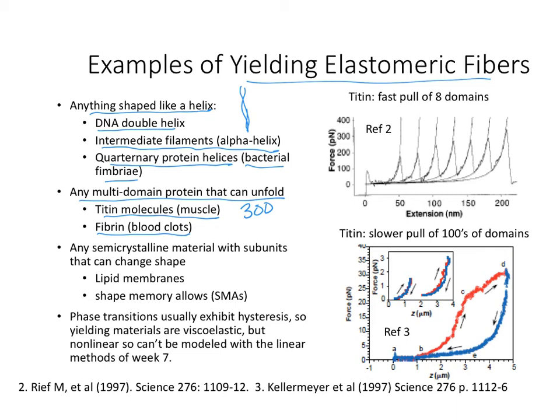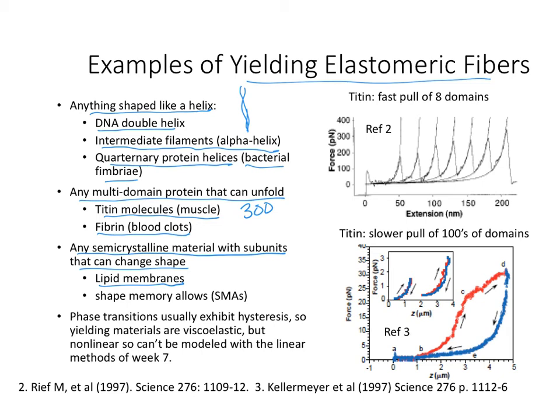Finally, we won't talk about this as much in this class, but any semicrystalline material with subunits that can change shape can be yielding. In this case, there may not be unfolding the same way, and they may not elongate as far, but they can still undergo phase transition. Examples are lipid membranes, and we'll talk about this when we talk about cell adhesion next week.